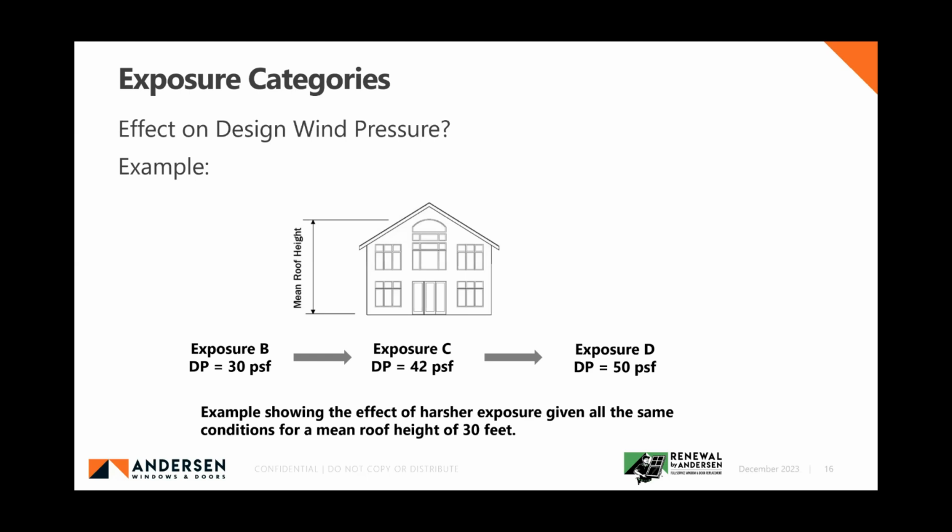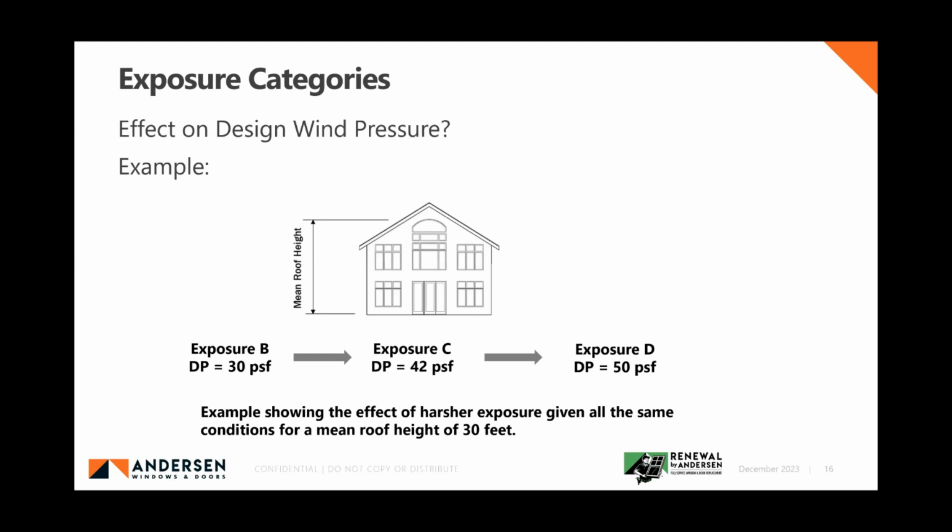Okay. If we decided one day, well, we're going to cut down all these trees and sell them for a profit, and now we have an open terrain type exposure, and we qualify for exposure C, the design pressure for that case increases from 30 psf to 42 psf.